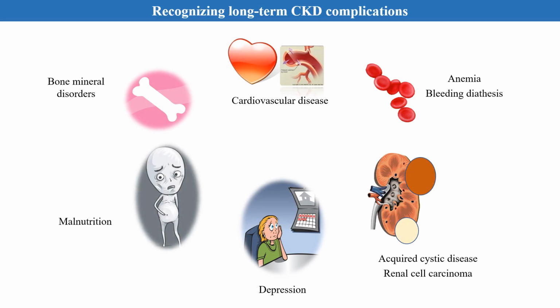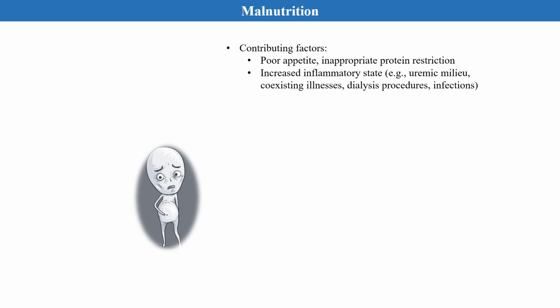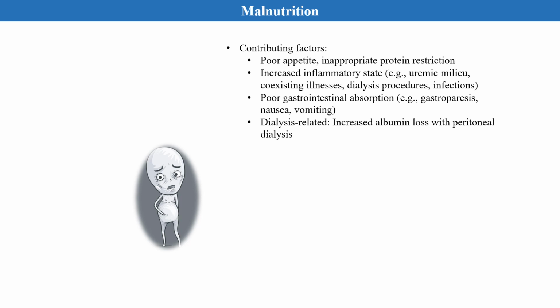Malnutrition is a CKD complication that correlates with poor survival. Contributing factors include poor appetite, inappropriate protein restriction, increased inflammatory state, poor gastrointestinal absorption, increased albumin loss in patients who receive peritoneal dialysis, and inadequate dialysis therapy.